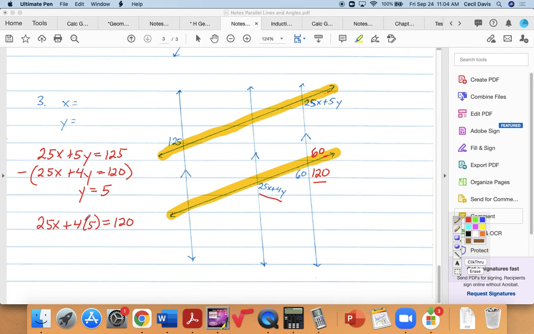I picked it because 4 times 5 is 20, and subtracting that from 120 is really easy. Wouldn't it be the same thing? 5 times 5 is 25 and it's 125. Yeah, it works out the same way. Either way, we get x is 4.